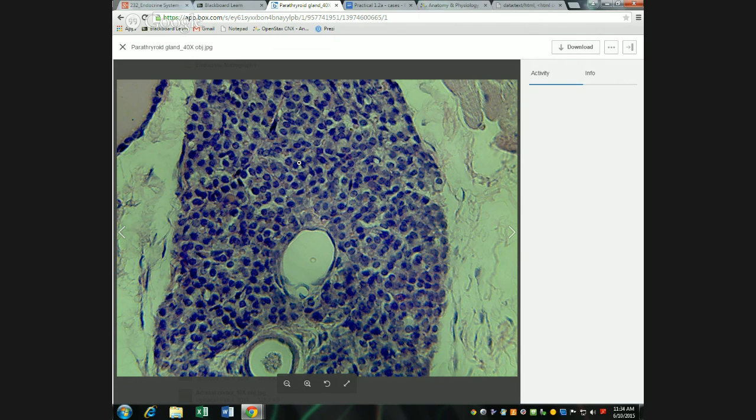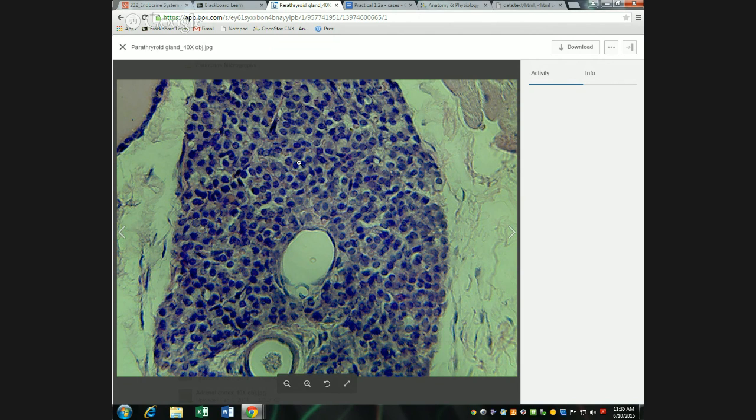So parafollicular, they're around the follicles. So in the thyroid gland, you have follicular cells and you have parafollicular cells. Follicular cells make T3 and T4 using the lipid environment in the follicle. Parafollicular cells make calcitonin, which is part of calcium homeostasis, like I just mentioned.